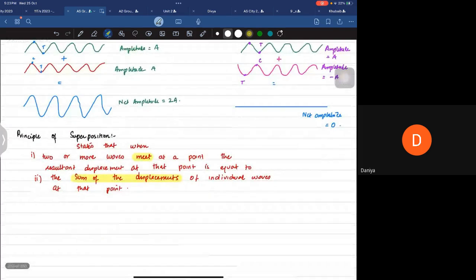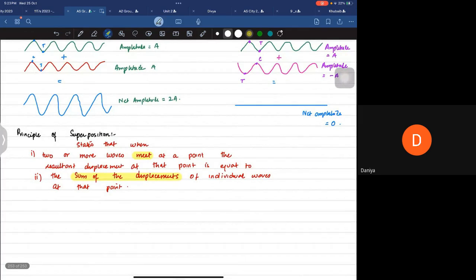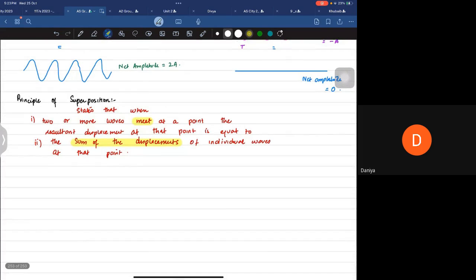All right. Now, basically, like this thing, superposition. Basically, this is the same thing. Like for example, if there is one wave, this is just an example to explain what it means. So there's a wave like this, right?